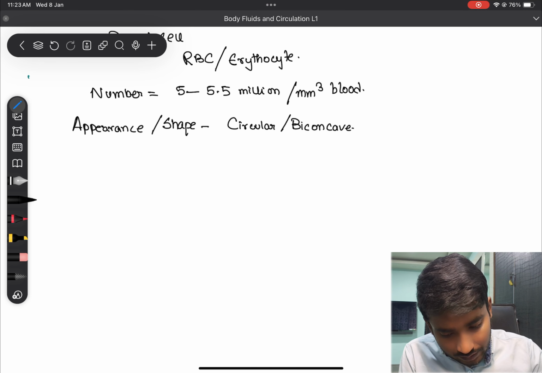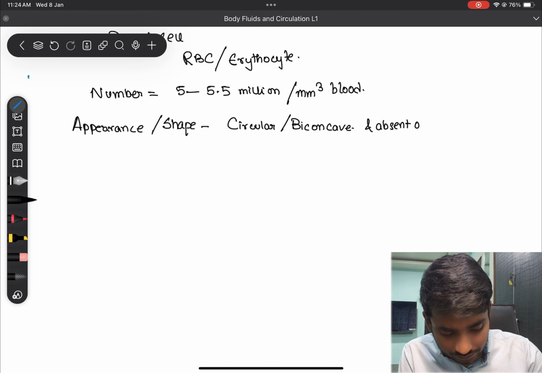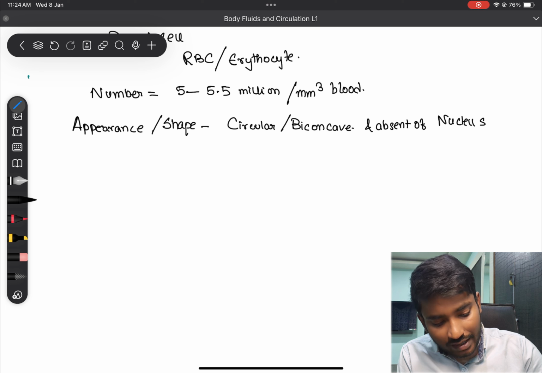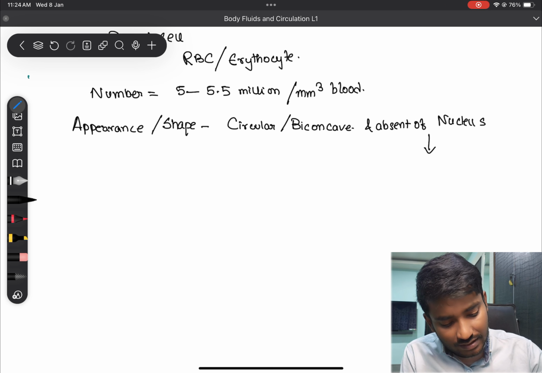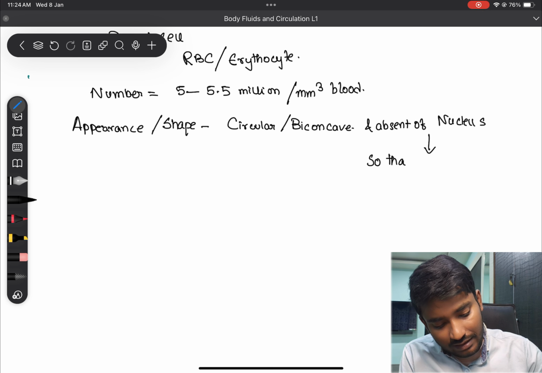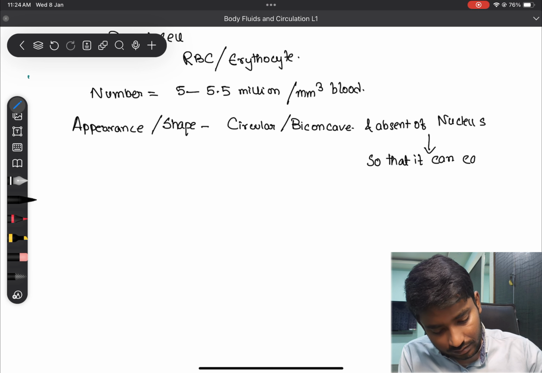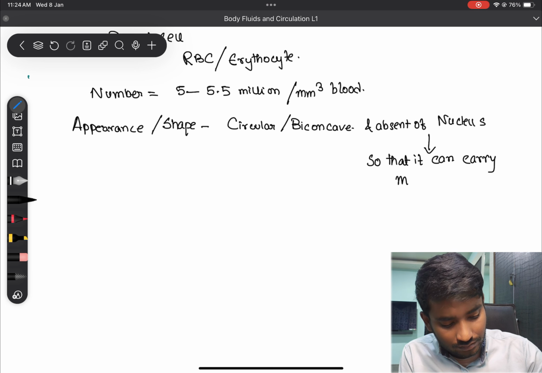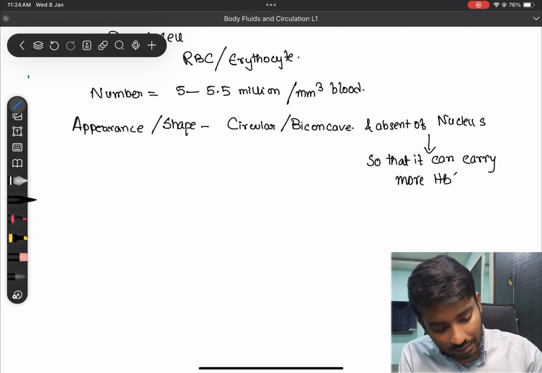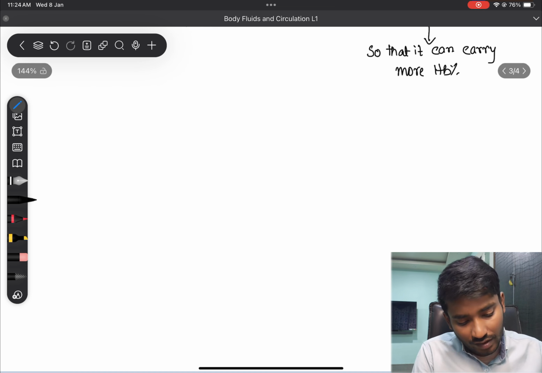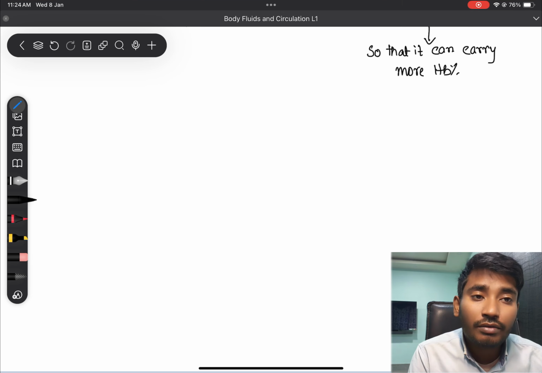Biconcave and absent of nucleus. Why is the nucleus absent? So that it can carry more hemoglobin.